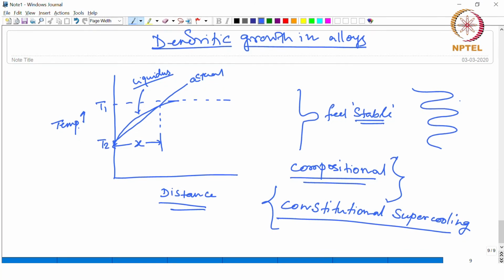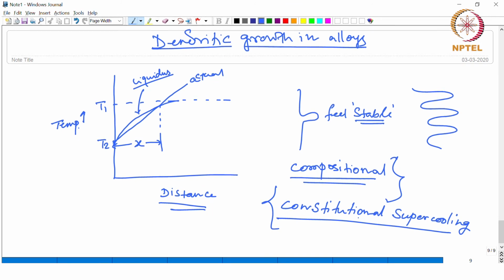So, in the case of alloys, the driving force comes from compositional reasons, known as constitutional supercooling, unlike the pure metals, where it is thermal supercooling.